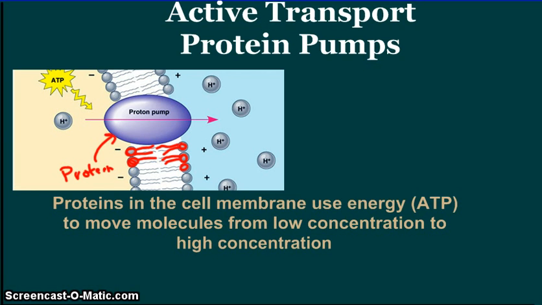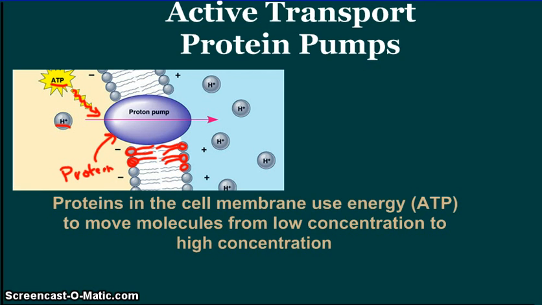In this case, the protein is a type of pump called a proton pump, and it's pumping hydrogen ions. And you'll also notice up here this word ATP. And if you recall, ATP is the energy source of the cell. And in this case, the ATP is being added to the protein pump. Okay?